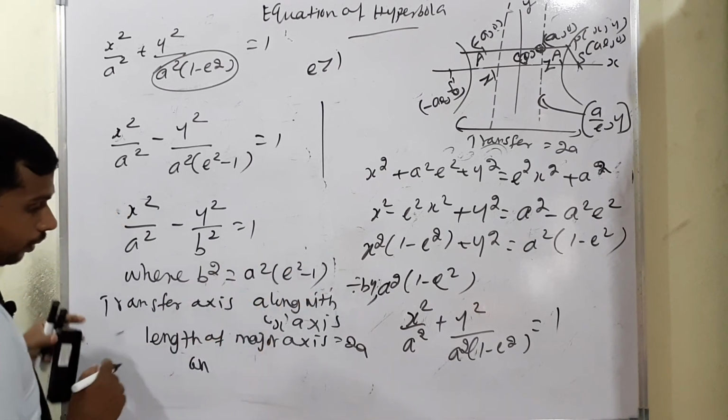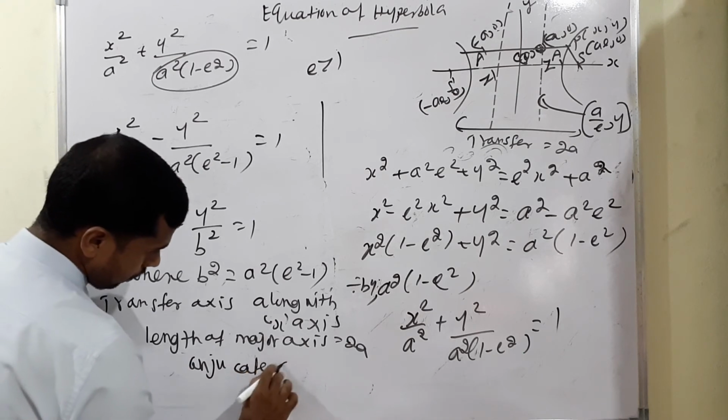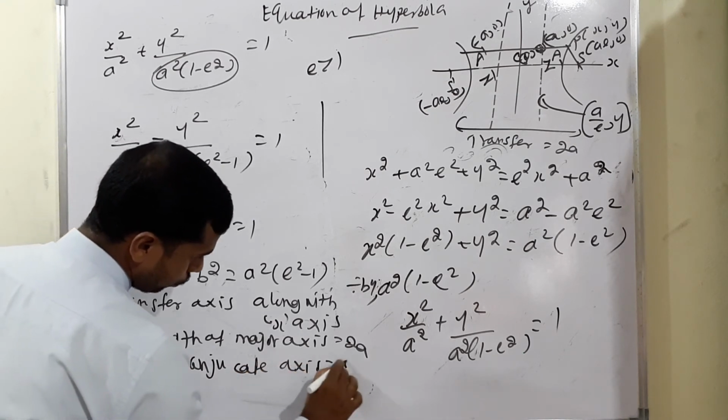Conjugate means y will come. So y axis means conjugate axis is equal to 2b will come.